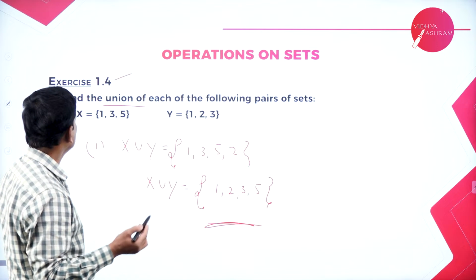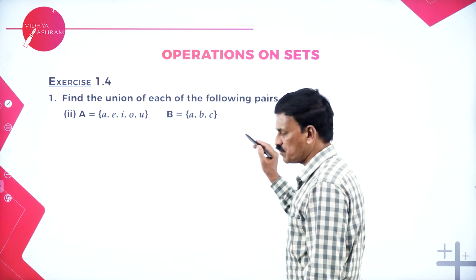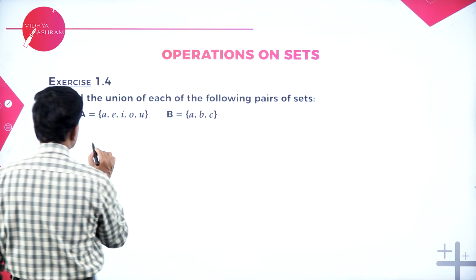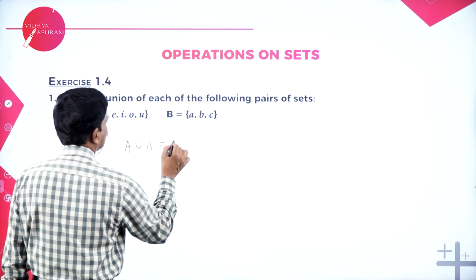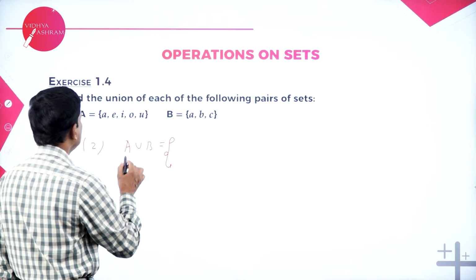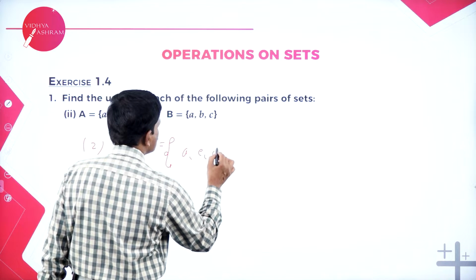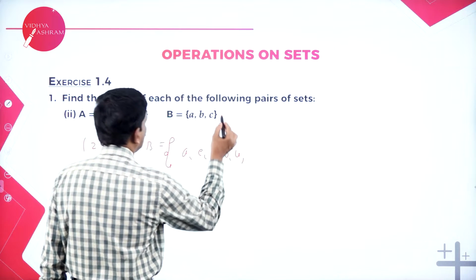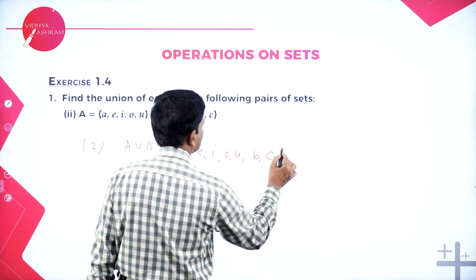Now let us come to the next problem. Find the union of each of the following pairs of sets. Second question: A union B can be written as the elements which are in A and B. That is a, e, i, o, u, and here we have a already written, so you can take b and you can take c.